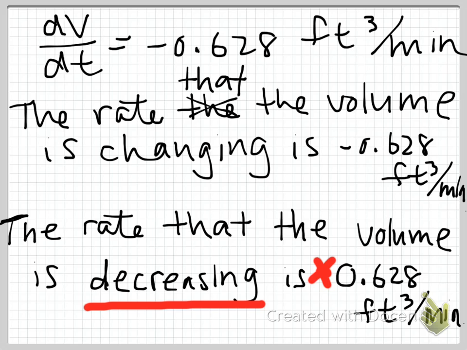It's just 0.628 feet cubed per minute. If you don't have decreasing, you just tell people that it's changing. Then people don't know if it's increasing or decreasing, so you have to have that negative in front of your answer. So pay attention to this, because tomorrow we're going to have a problem where the way that the problem is stated might change whether you have a negative or no negative.